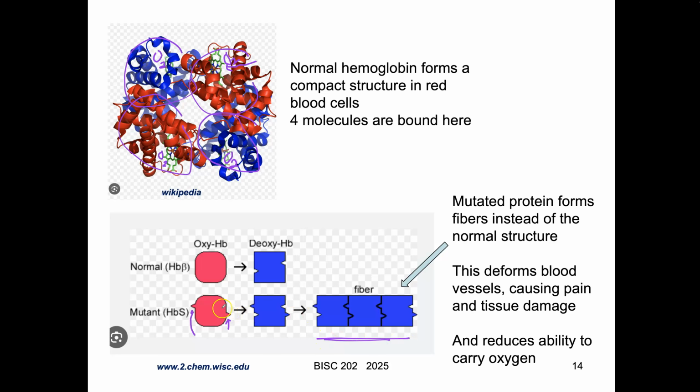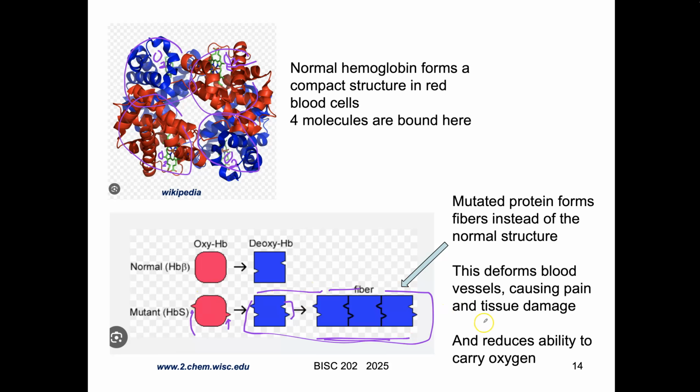And it's literally just this one amino acid difference that causes the binding to shift, right? And so when the molecule has no oxygen bound to it, it will form these weird fibers. You can see how they fit together.